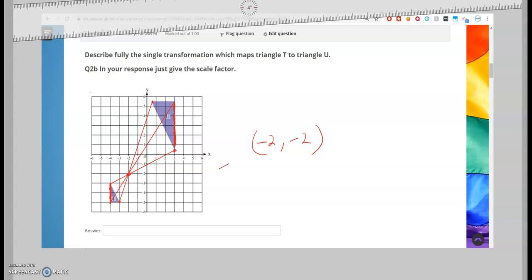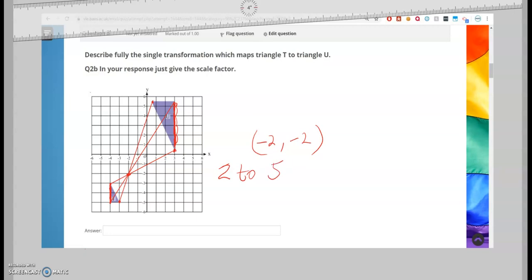So it's gone from 2 squares, it's gone to 1, 2, 3, 4, half here and half here. That makes another full one, so that makes it 5. So it's gone from 2, it's gone to 5.